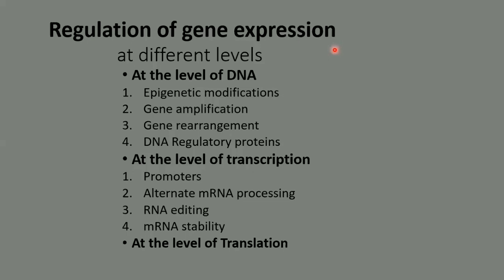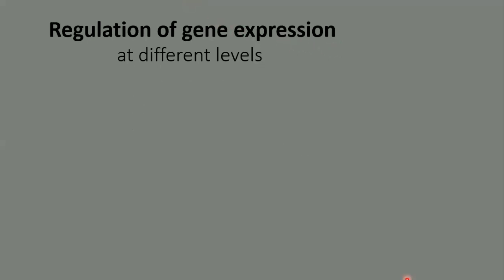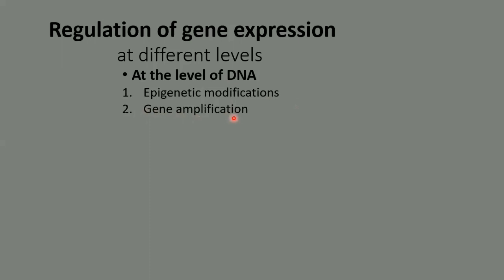So now let's see each one of them. What regulates gene expression? At different levels we can see, at the level of DNA, there are epigenetic modifications, gene amplification, gene rearrangement, and DNA regulatory proteins.